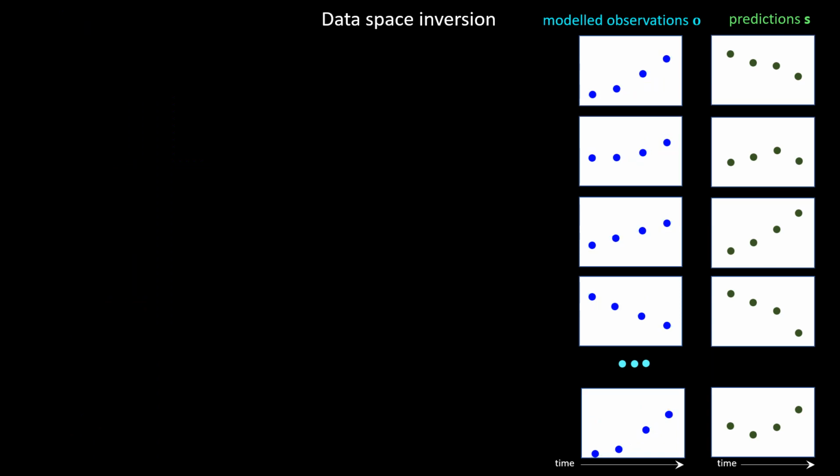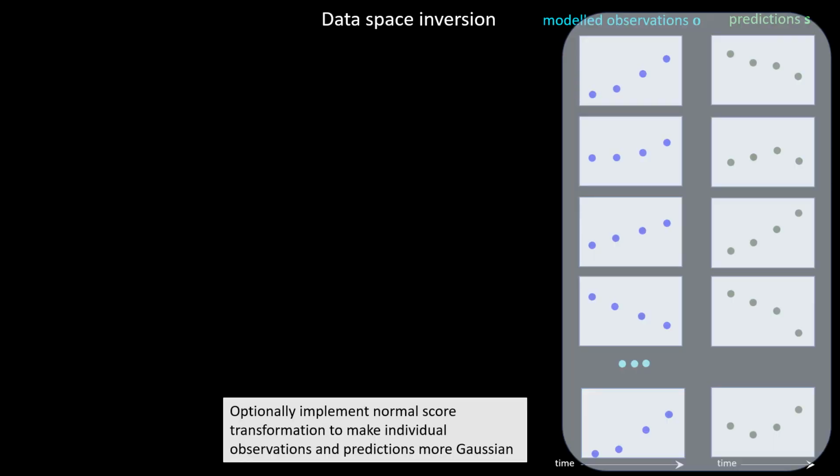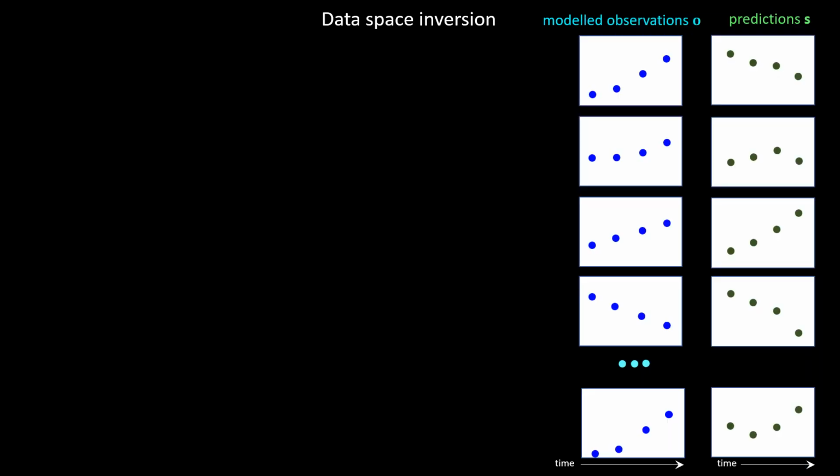So let's just focus on those particular set of model outputs, those that correspond to the measured past, those that correspond to the managed future. Let's put the model aside now for the moment. Let's put the field data aside now for a moment. Optionally, we can do a normal score transformation to make things reasonably Gaussian before we do anything else.